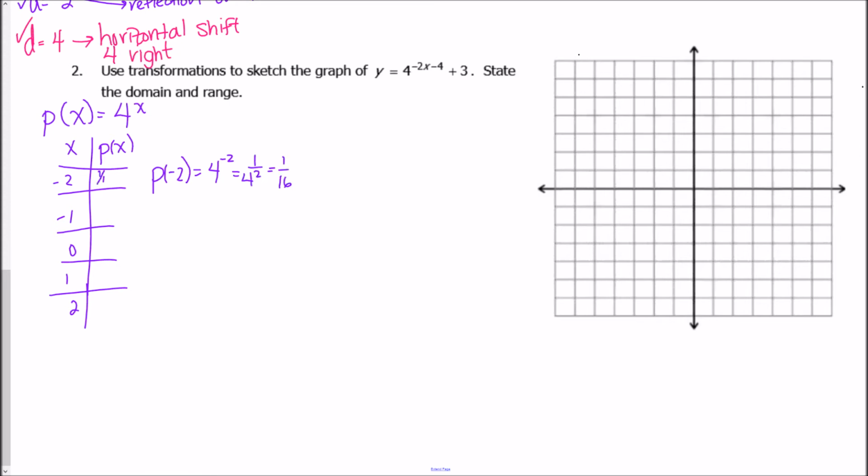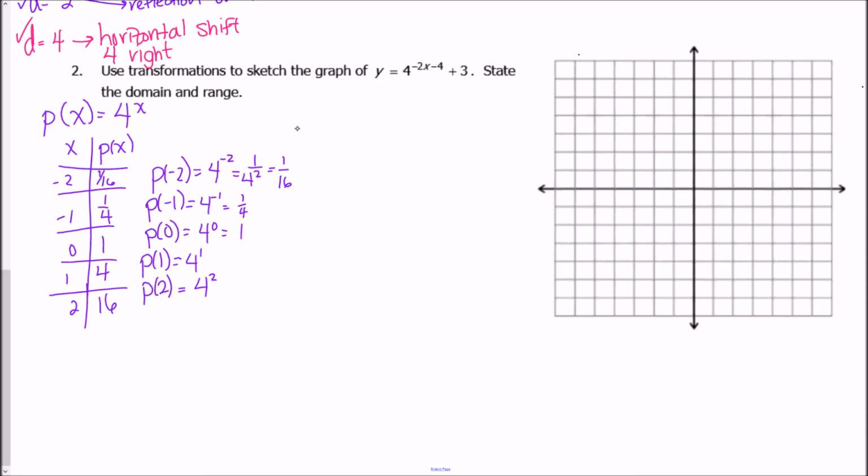P of -1 is 4 to the power of -1, or 1/4. P of 0 means 4 to the power of 0, or just 1. And then P of 1 equals 4 to the power of 1, which is 4. And then P of 2 is 4 to the power of 2, which is 16.